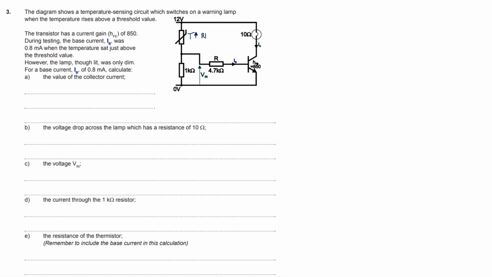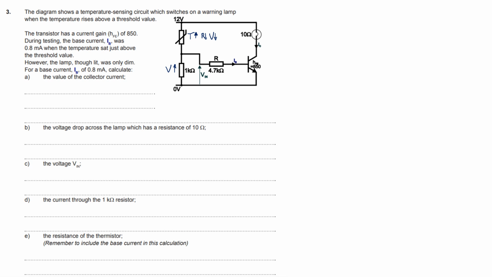If the resistance is decreasing, then the voltage is also going down. If the voltage is going down on this top bit, it's the same as me saying the voltage is going up on that bottom bit. I hope that makes sense, because it's a potential divider.